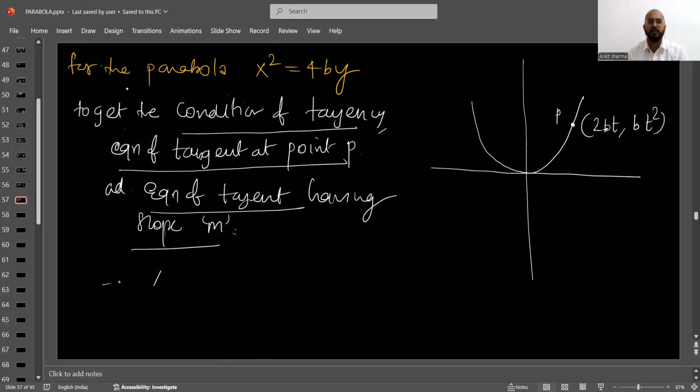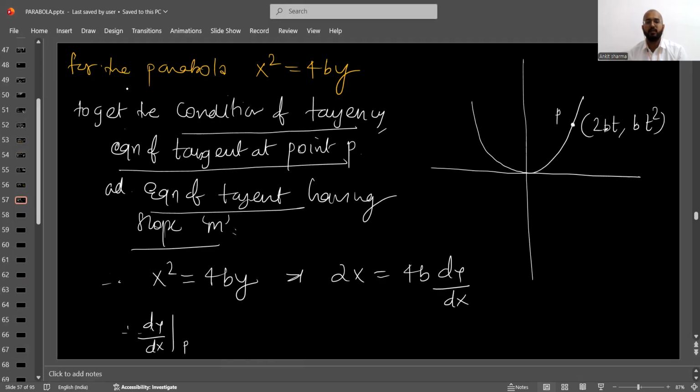We can differentiate this. We have x square is equal to 4by, so 2x is equal to 4b dy over dx. Therefore the slope dy over dx at P is 2x over 4b.